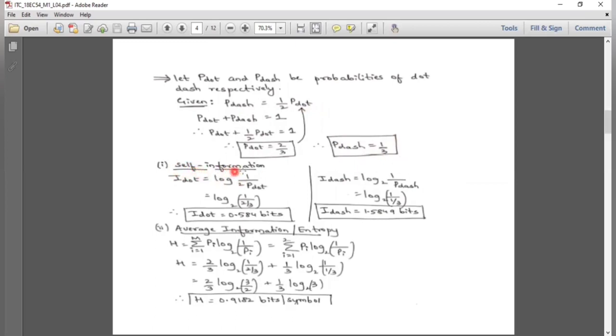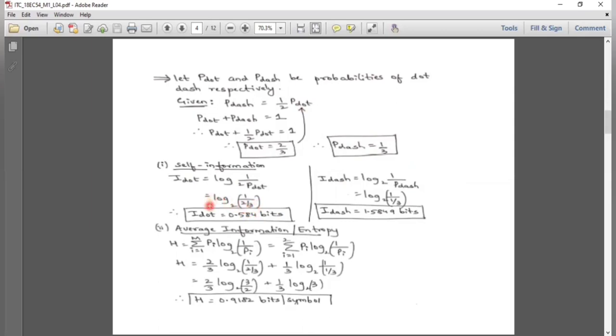So we know that self information is given by I equals to log of 1 by probability. So self information of a dot event is given by log of 1 by probability of dot event to the base 2. Base 2 represents we are computing information in terms of bits. Probability of dot event is 2 by 3.